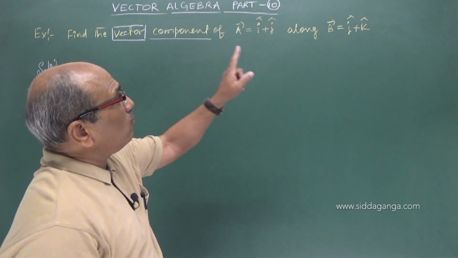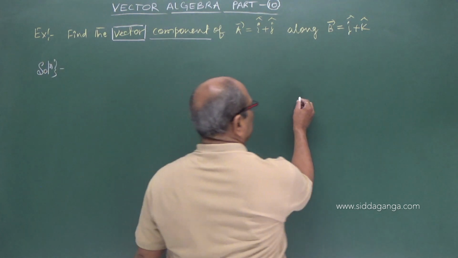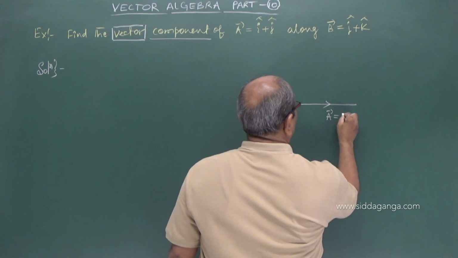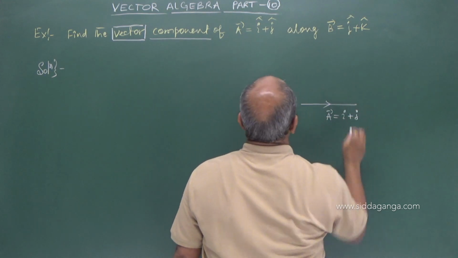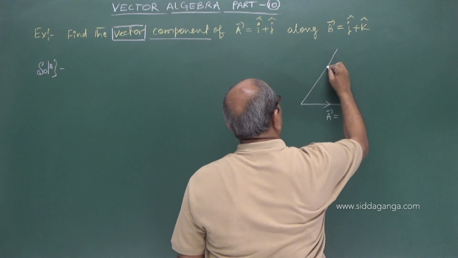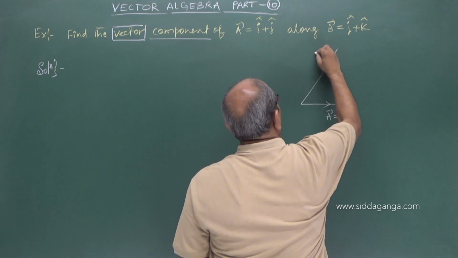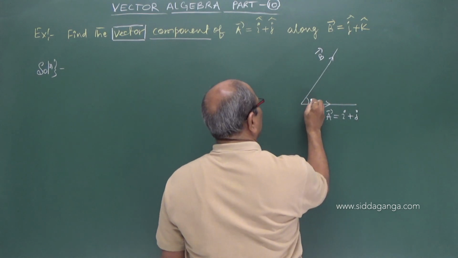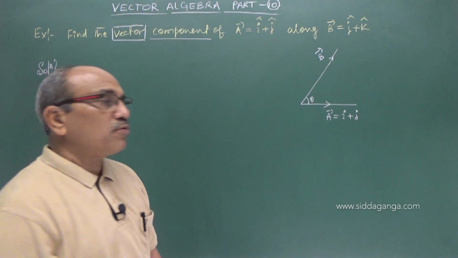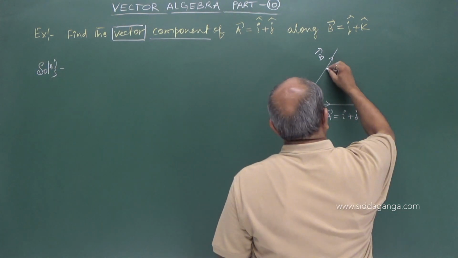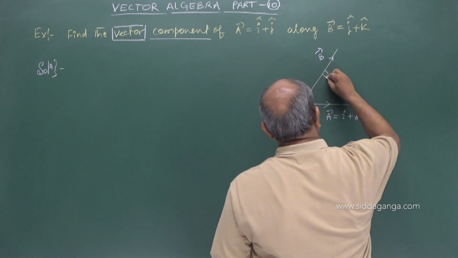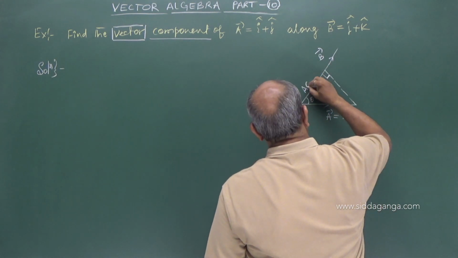Component of A along B. Let us think the vector A is in this direction, having i plus j, and think of another vector B, with some angle between them. The question is the vector component of A along B. That means we drop the normal from the vector A onto B, and we get A cos theta.